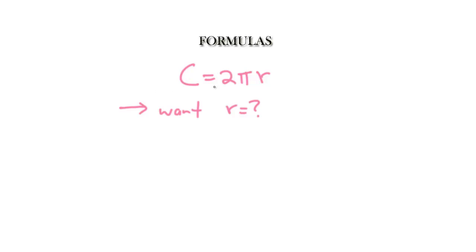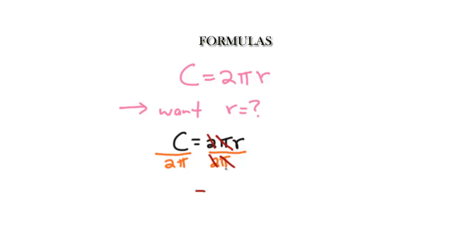Let's rewrite the formula again. Now there's only one step to do. If we divide both sides by 2 pi, what would happen here? Well, we have this 2 and this 2, they cancel. They go to 1. Same thing with the pi over pi.